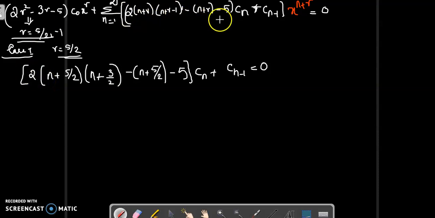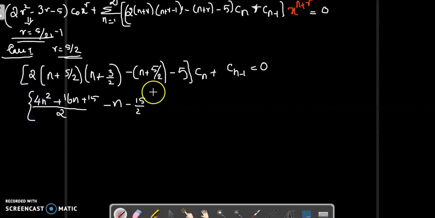Now I equated the coefficient of x^(n+r) to 0, and I have also substituted r = 5/2. When I simplify this, just simplify and do it, we will get (4n² + 16n + 15)/2 − n − 15/2, this whole thing into Cₙ plus Cₙ₋₁ is equal to 0.